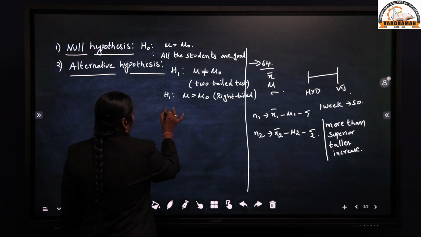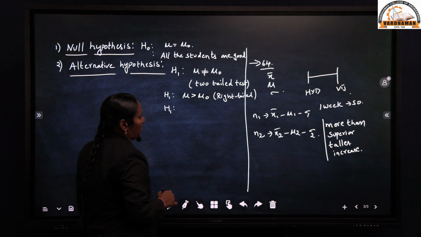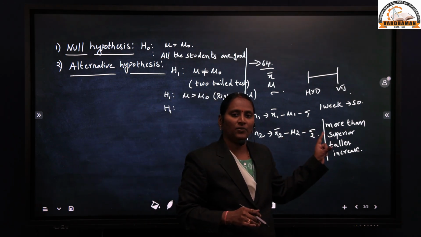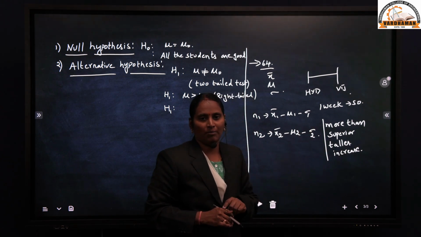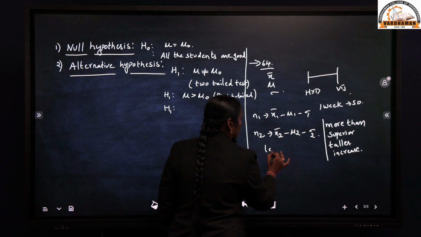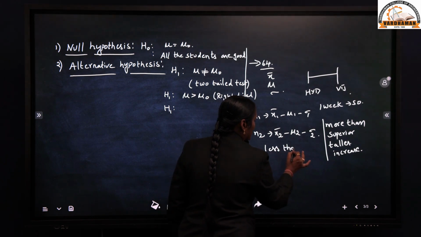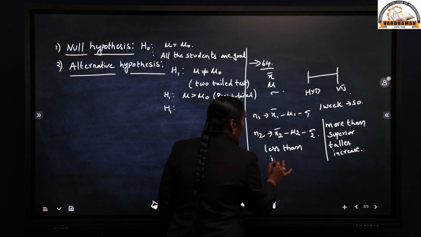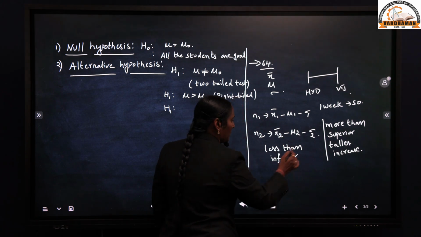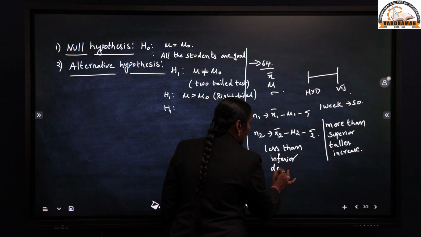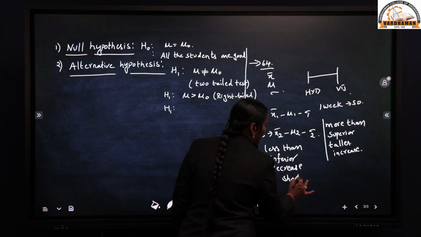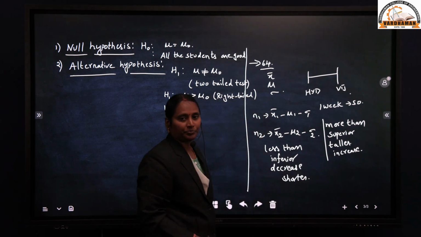Now let us see the next one. The third aspect is finding out whether there is any significant difference between two sample sizes. In the same way, the first sample compared to the second is going to be less than, or the observations are going to be inferior, or the data is going to decrease, or something is shorter than the earlier observations.